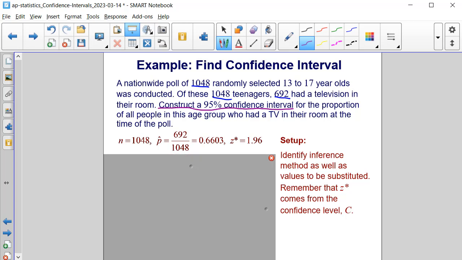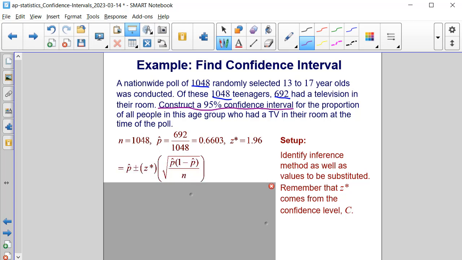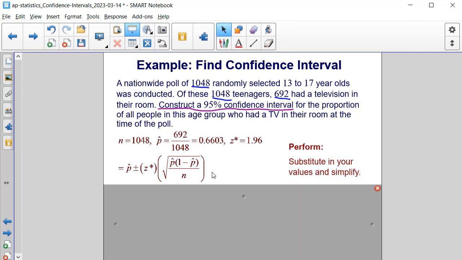All right, so our formula is our sample proportion p hat plus or minus the decimal value for z star times the square root of p hat times 1 minus p hat, all divided by n. And now we can substitute these values into the formula.